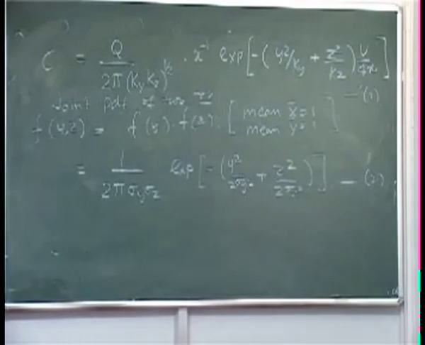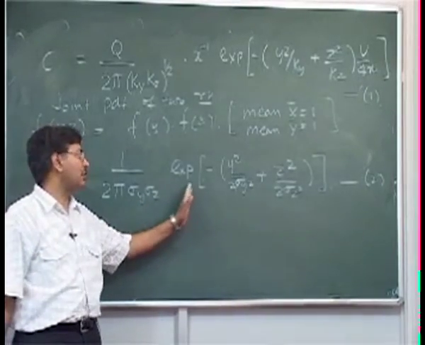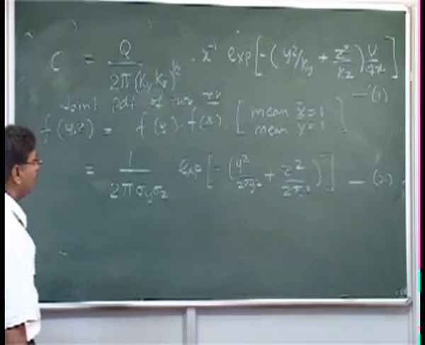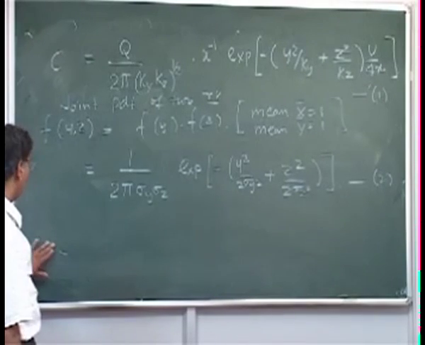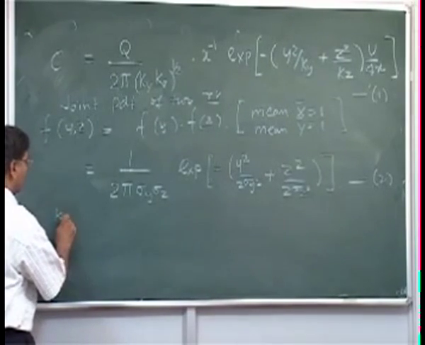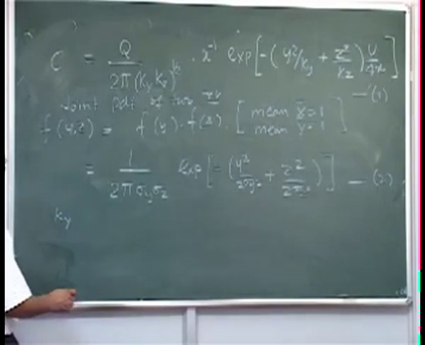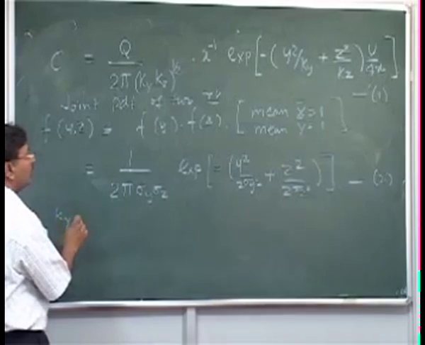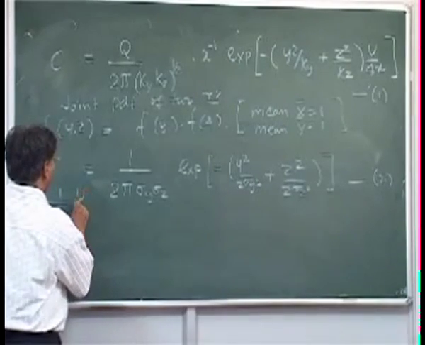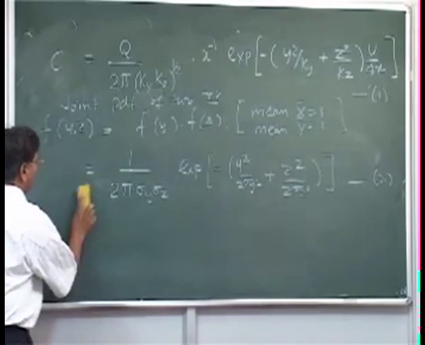Let's say if I can do something. So I look at this part which is inside the exponential term. If you agree with me, let's do a few things. Ky, that is coming from there, or rather 1 upon ky times u upon 4x. We are comparing that.